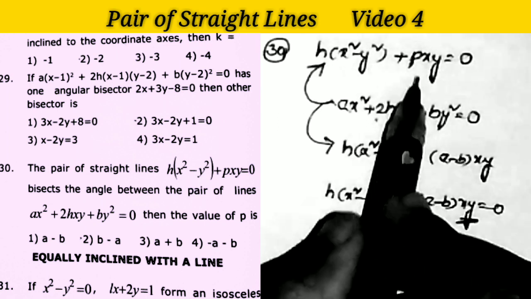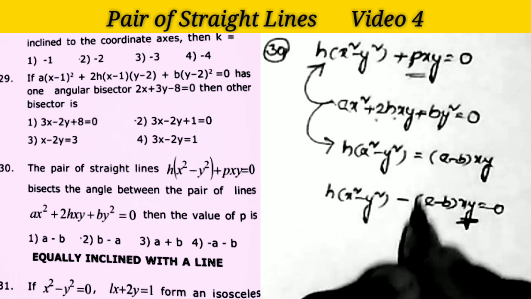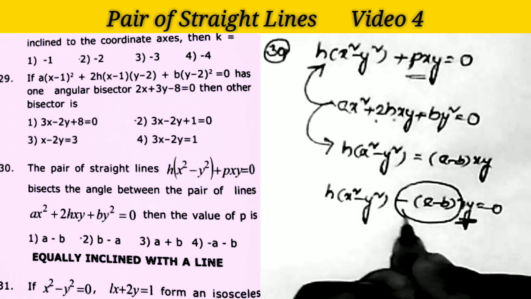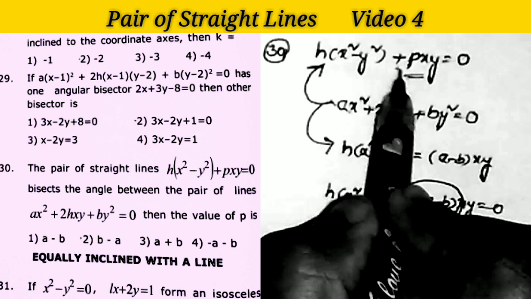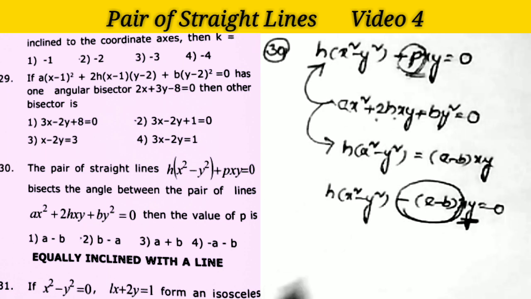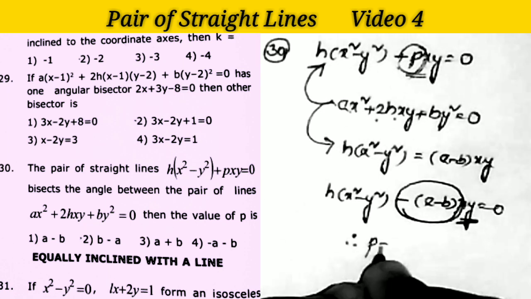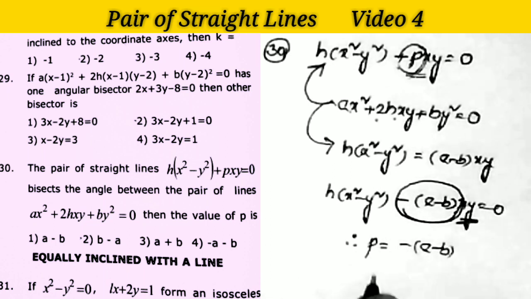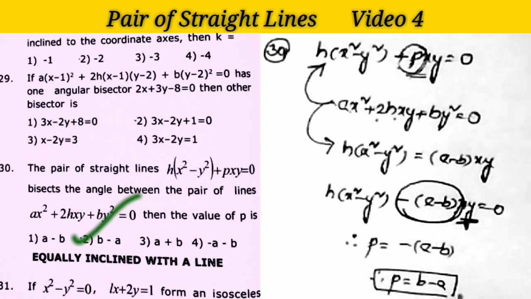This is the formula, and the other is the given equation. Now just by comparison, what is the xy coefficient here? Minus of (a minus b), and the xy coefficient is equal to p here. Therefore p is equal to minus (a minus b). Therefore the value of p is equal to b minus a. That's all. This is the answer, and it is the second option.